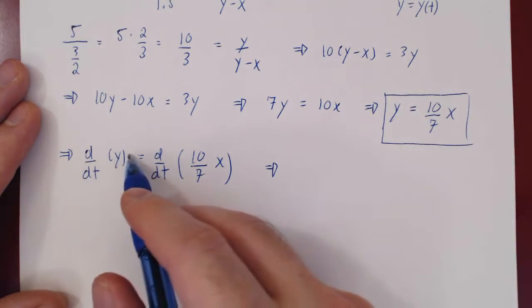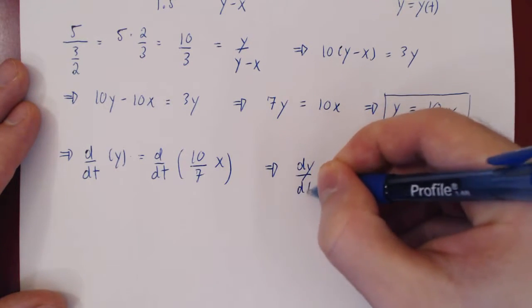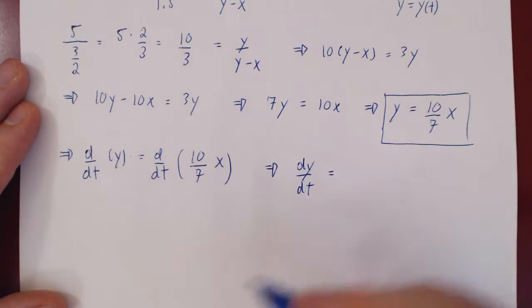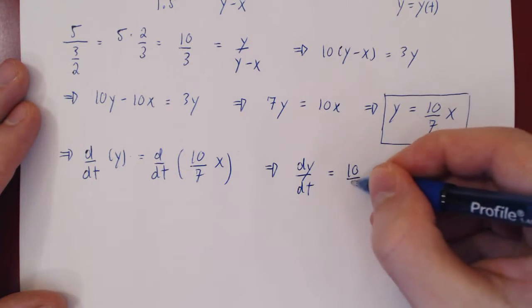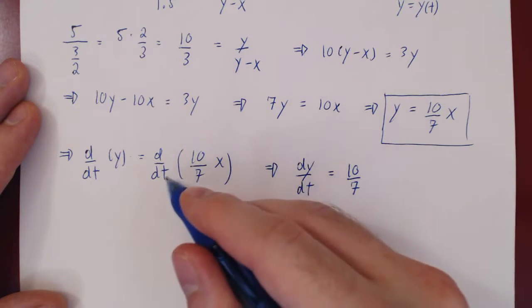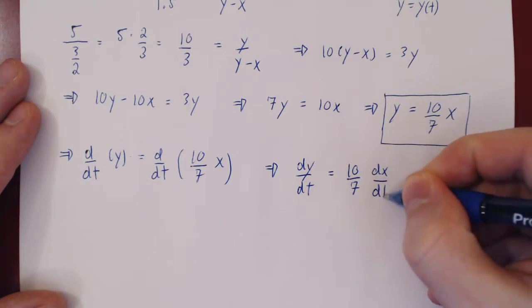Well, this is just the derivative of y with respect to t, so it's dy over dt, equals 10 over 7, a constant multiple, so it will just stay there, times the derivative of x with respect to t, and that's just dx over dt.